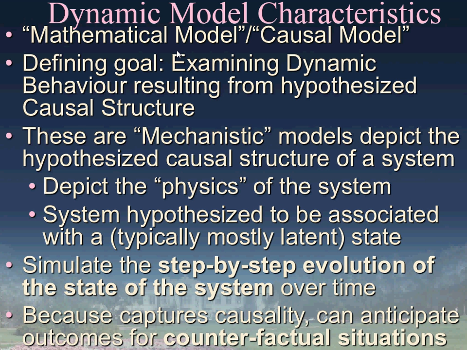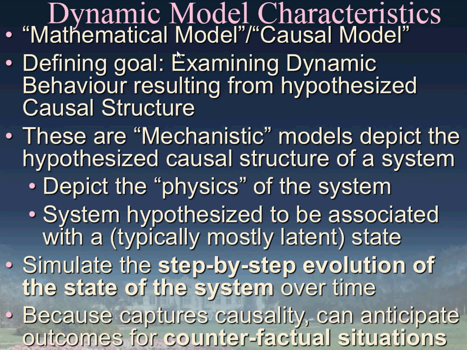Sometimes they go by the names of subgroups: agent-based models, system dynamics models, discrete event simulation models, compartmental models, microsimulation models. You can go on and on. They go by different names, but the defining goal is to examine dynamic behavior resulting from hypothesized causal stories.